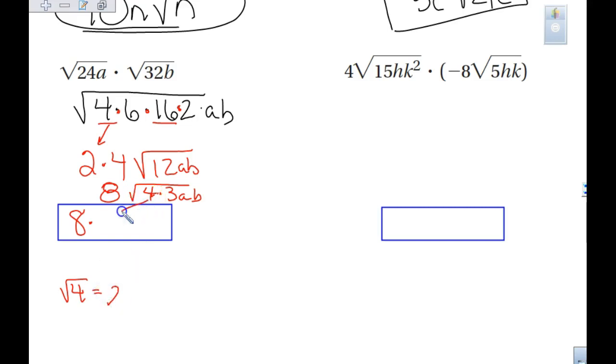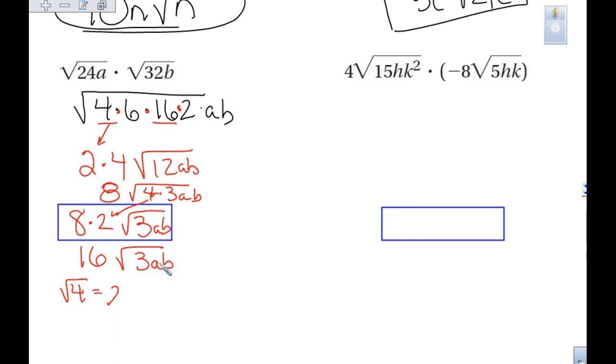No, just the square root of 4. 2. Yes, I agree. When we multiply those two, it is going to be, I agree, it is going to be 16. So, left with what else? What else do I have? Can you pull out the 2? Left with 3 and AB. So I am going to multiply those, I agree. 16, 3AB.